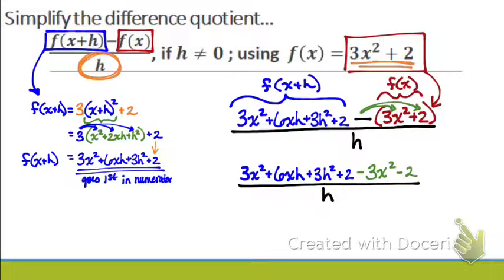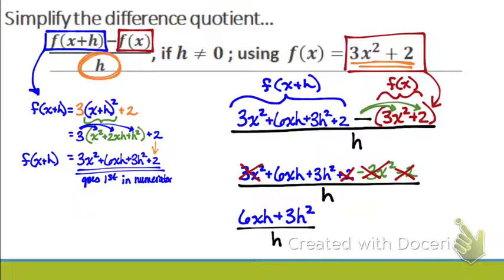Distributing is done. Time to combine some like terms together, which means we're going to cancel anything that can cancel. What can I get rid of? 3x squared and 2, which means I still have 6xh and 3h squared over h.